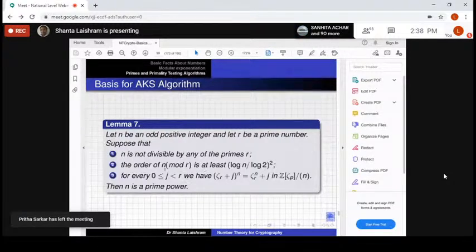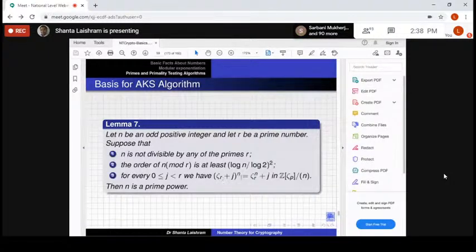Now you look at the order of n modulo r. Suppose the order of n modulo r is at least (log n / log 2) squared. And for every j between 0 and r, you look at zeta r. Remember, zeta r is a root of the rth cyclotomic polynomial.